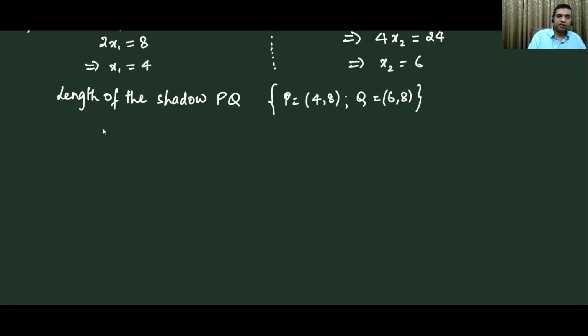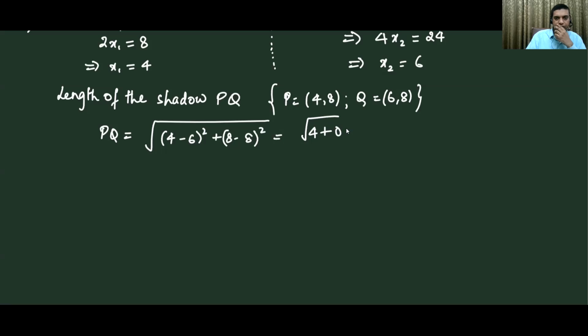If you want to apply the distance formula also, you can apply and see, but directly you can write 4 minus 6 the whole square plus 8 minus 8 the whole square, 0. 4 minus 6 is minus 2, the whole square, 4, so 2 units. So the length of the shadow is 2 units. Got it? Nice problem.